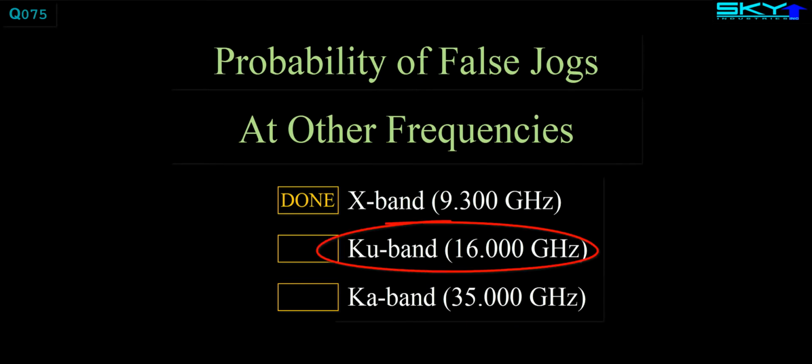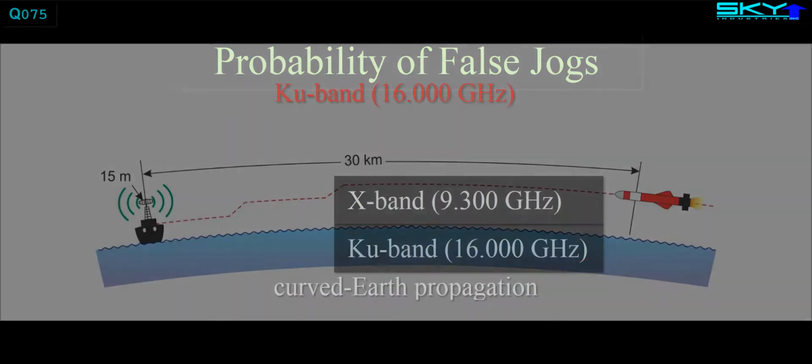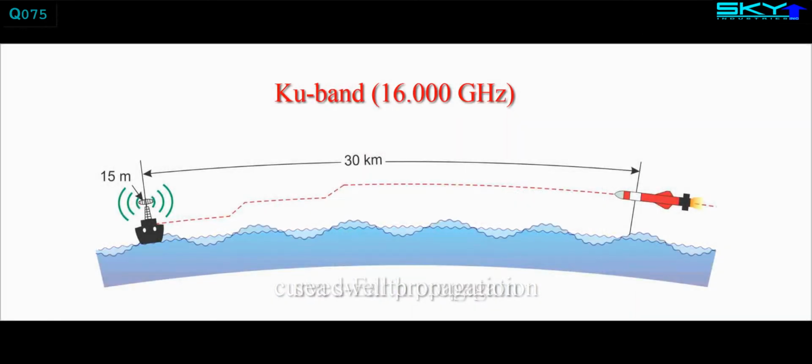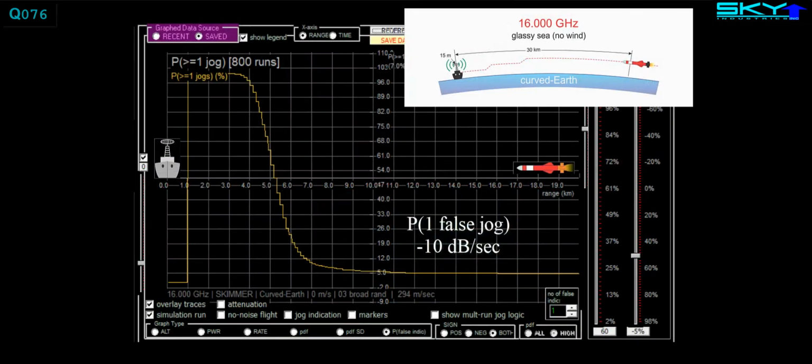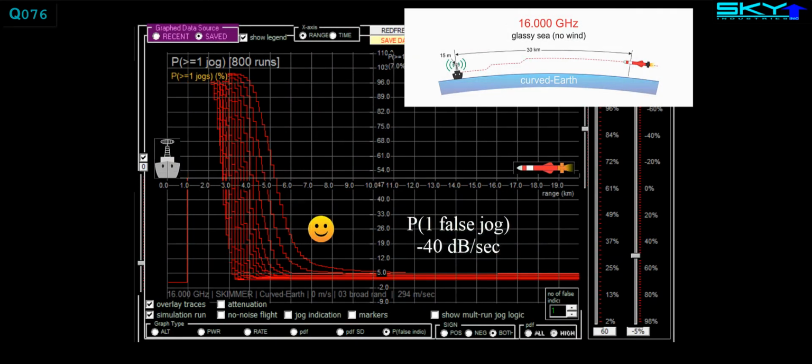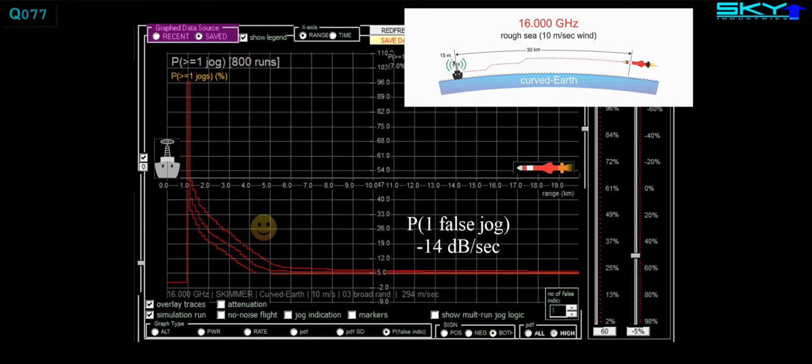Now let's look at the Ku-band seeker at 16 gigahertz. It's a sea skimmer, since at present there's no diver missile model available in Engage. So here's the probability of a false jog indication for the curved Earth model and a glassy sea, like we did before the other two times. Here's what happens if the sea surface is rough.